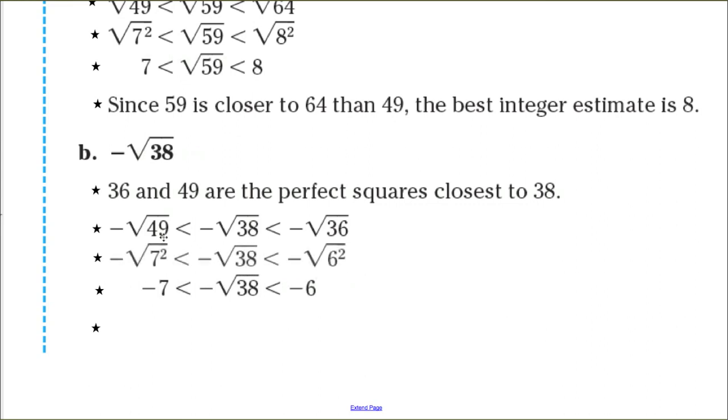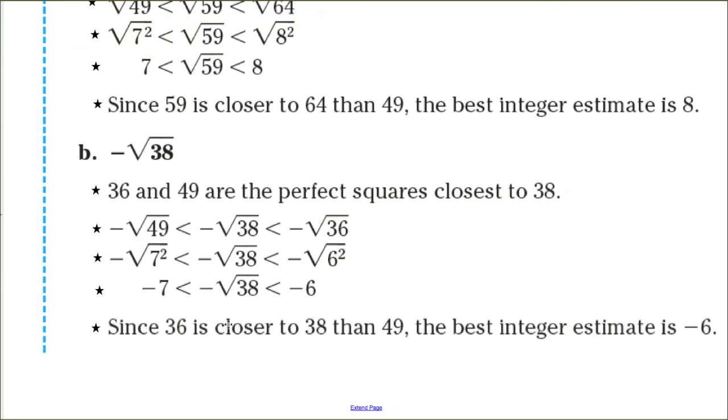Before we go there, you now have 49 is 7 squared, 36 is 6 squared, and negative radical 49 is negative 7. Negative radical 36 is negative 6. And negative radical 38 lies in between them. We know that 36 is closer to 38 than 49.